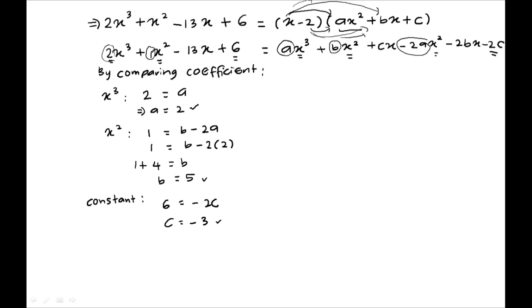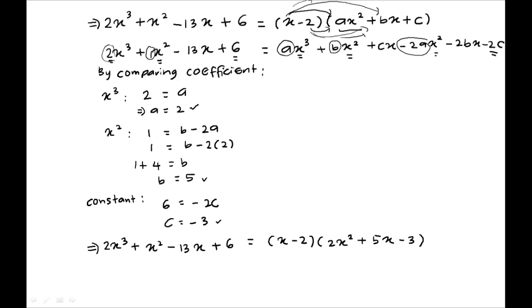Our equation will be like this: 2x cubed plus x squared minus 13x plus 6 equals x minus 2 times, just now we had ax squared plus bx plus c, so just substitute. Our a is 2, so 2x squared, b is 5, so 5x, and c is negative 3, so minus 3.